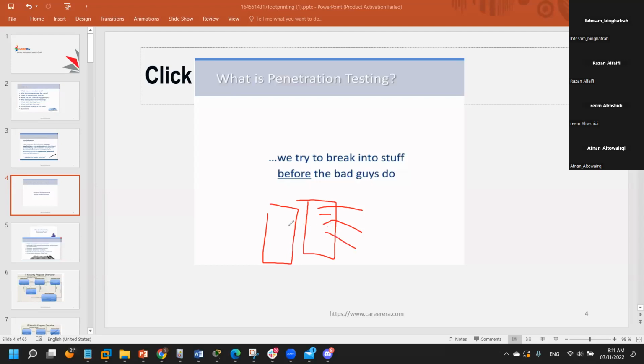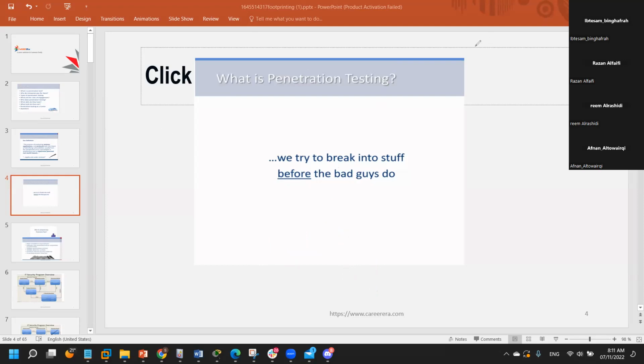Why? Because you want to make sure the system is secure enough and there are no obvious vulnerabilities. So you hire a penetration tester, and he will run some scanning and try to find some exploitation, and at the end of the day, he will give you a recommendation on what issues and weaknesses are in your system, and how to fix them. So this is, in a very brief way, what penetration testing is.